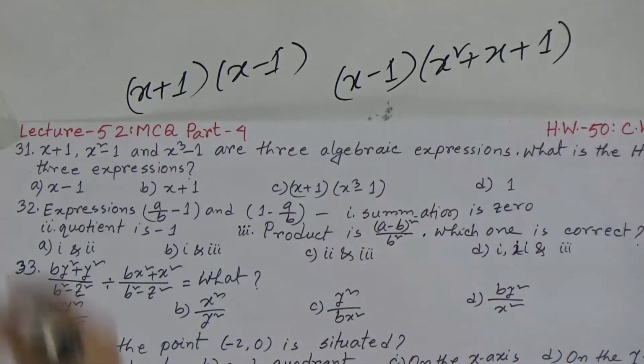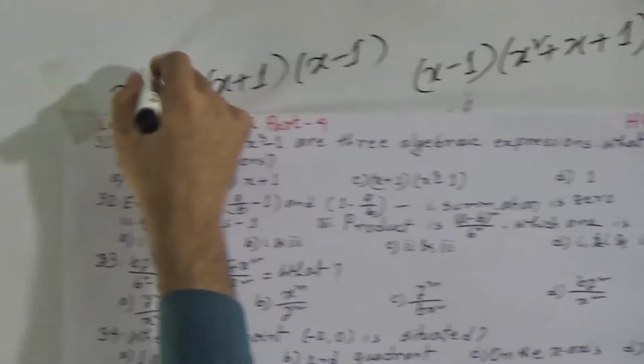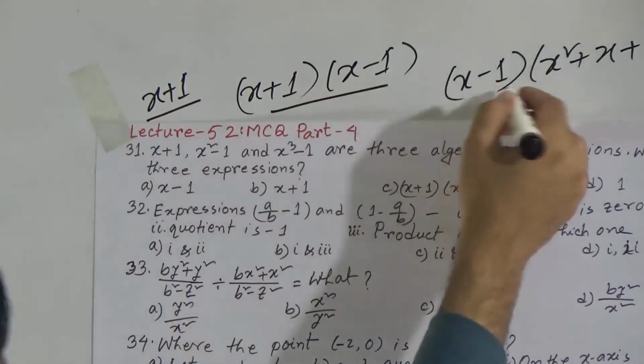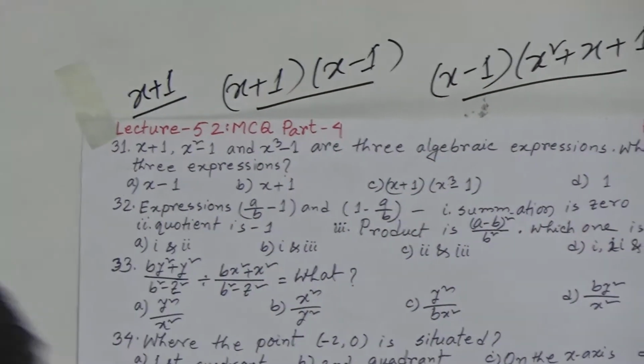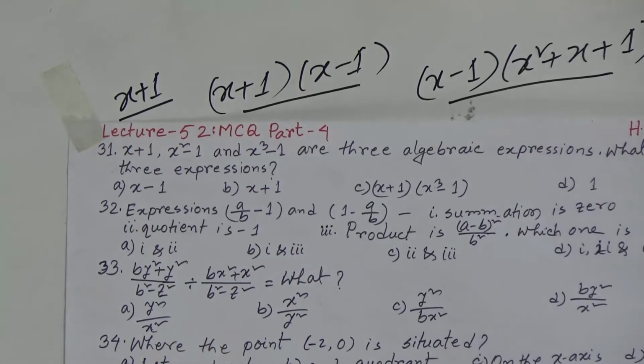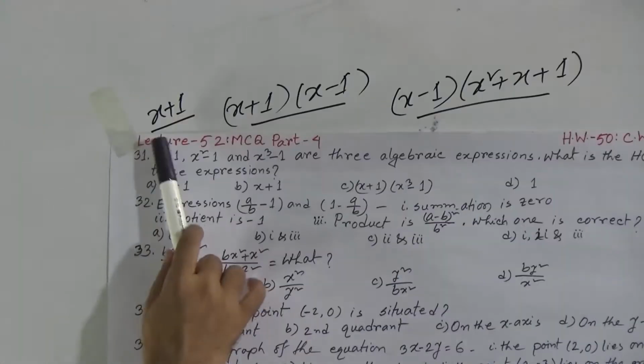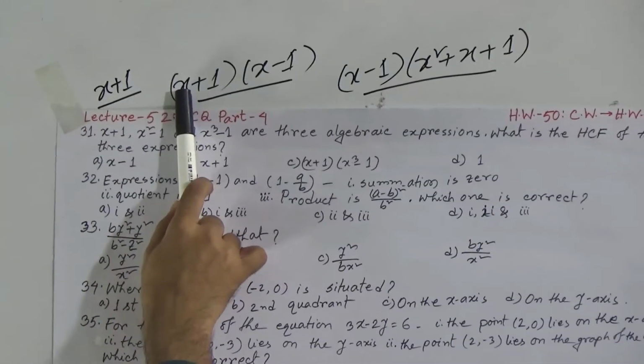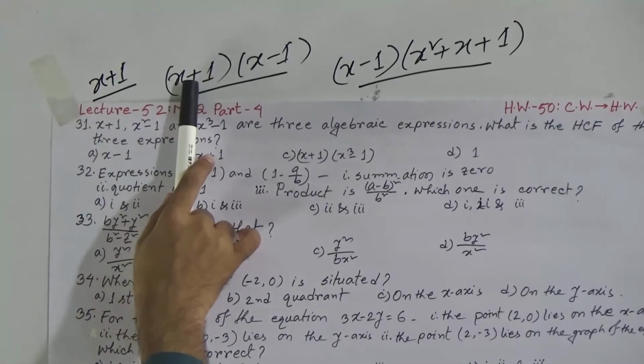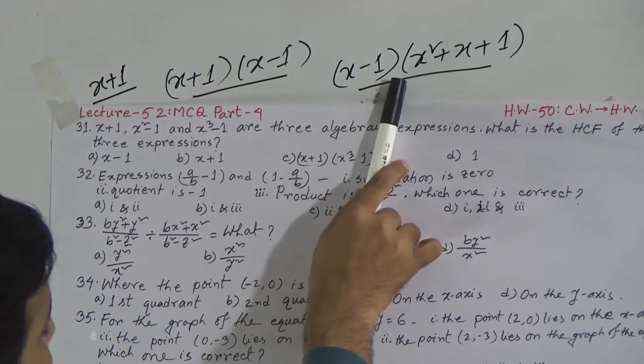Now see, the first expression is x plus 1, this one first, this one second and this one third. Okay dear students, now see, HCF means we have to take only the common factor. Here, what is the common factor? x plus 1 is common in the first two expressions, but it is not common in the third expression.